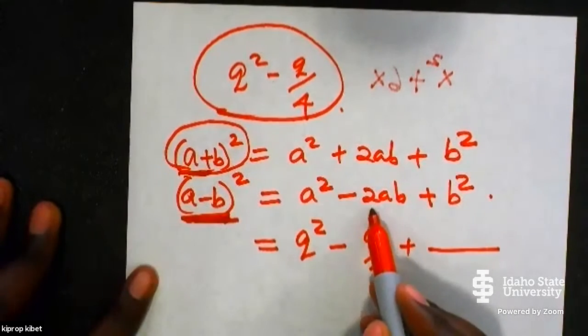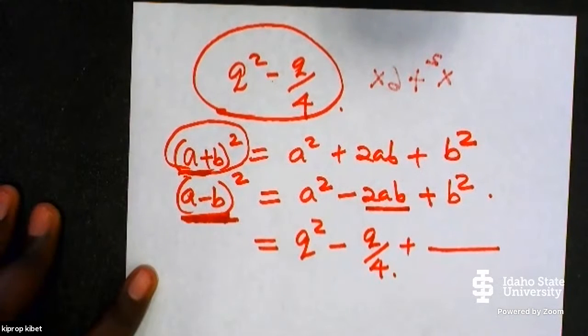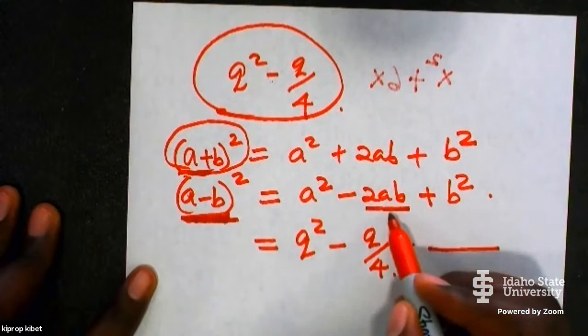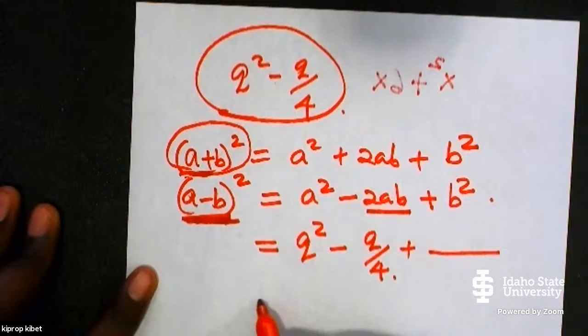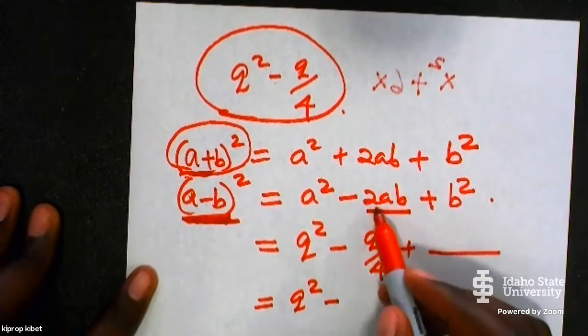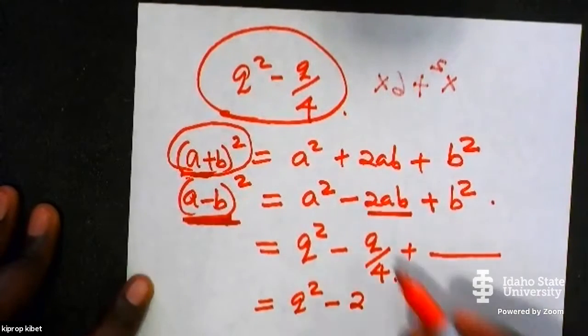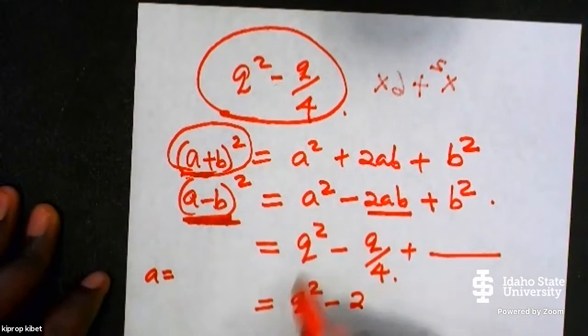Now, if you come here and look at this 2ab, what can I say? So it will be like q squared minus, because we take the 2, if we put the 2 here now, and then we now know a to be equal to what?